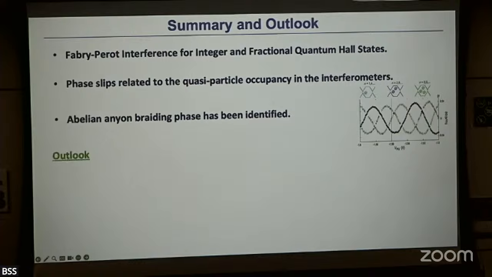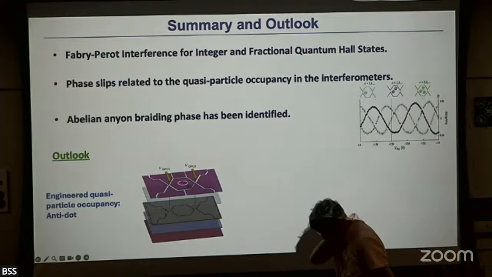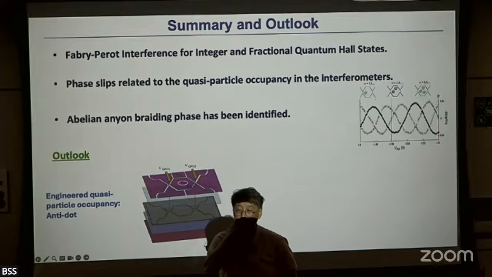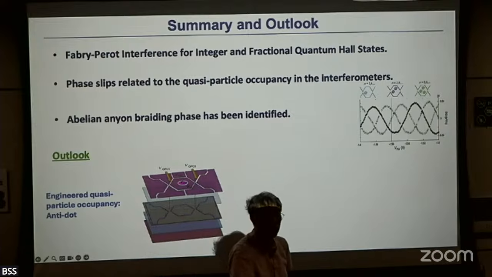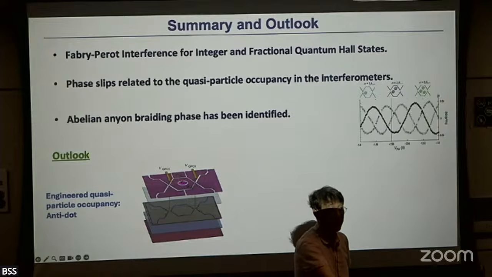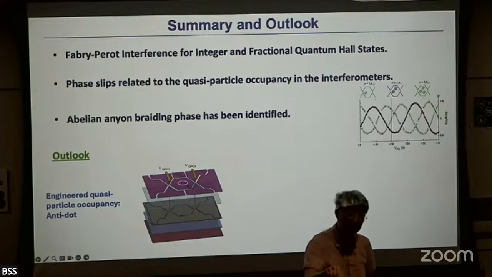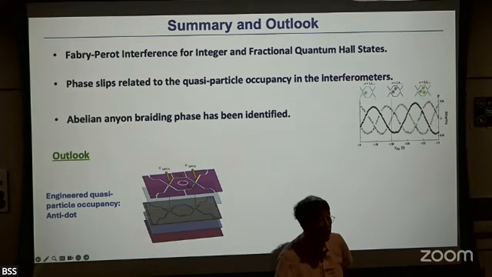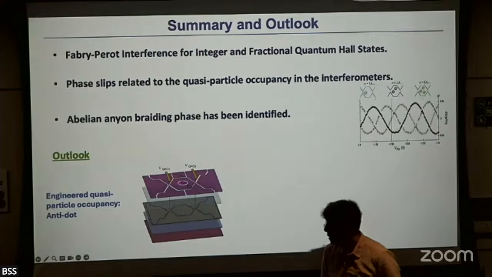Okay, so where we are going in general in this field. The next important part of this game is basically, can you really control the occupation of the anyons or the quasi-particles inside of the cavity? Right now, everybody, including us, relies on a little bit of random traps in there, right? Potentially, we can build in even IR antennas there, which we can activate by sending the control radiation.